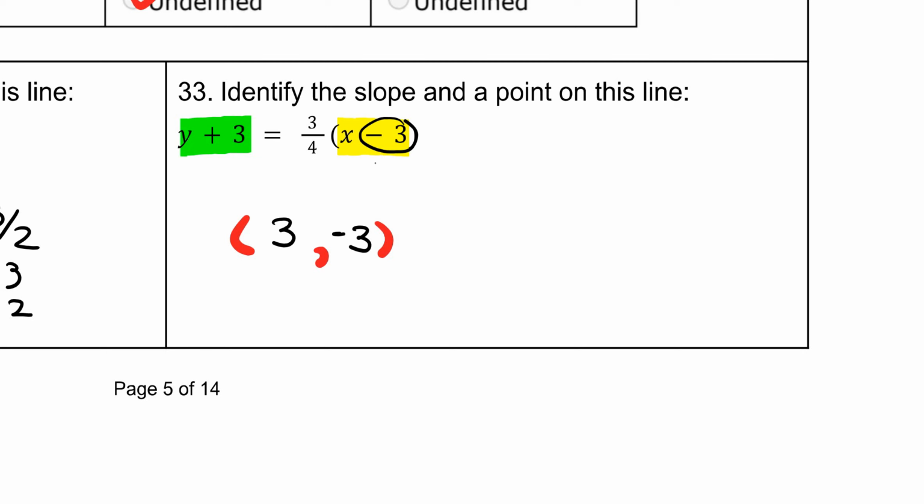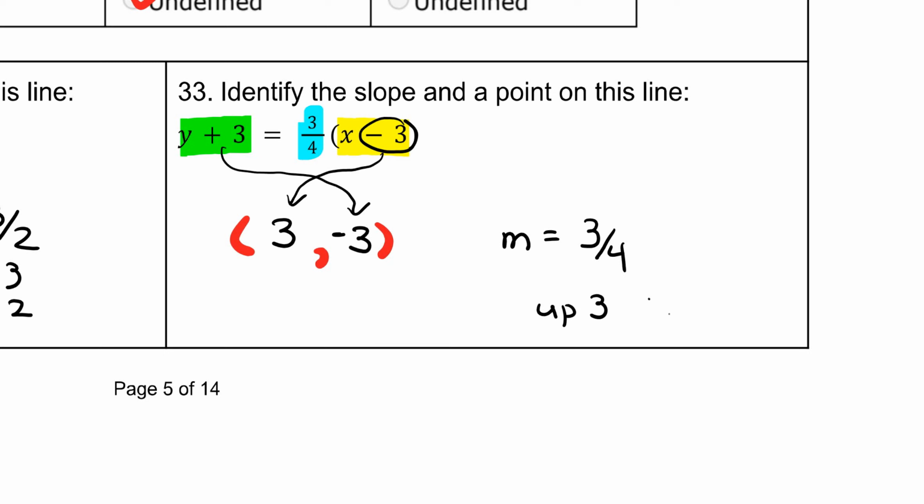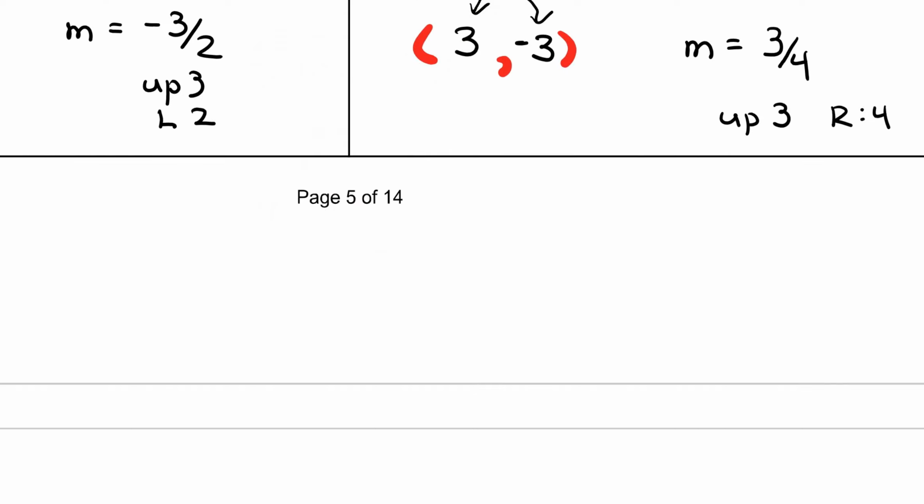All right, so we're always taking the opposite values there, right? So 3 comma negative 3, and now my slope is just 3 over 4. So my slope is 3 over 4, and this literally means you go up 3 and right 4 when you're graphing. Okay, let's keep on moving along.